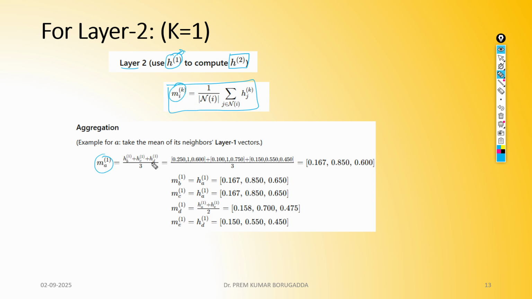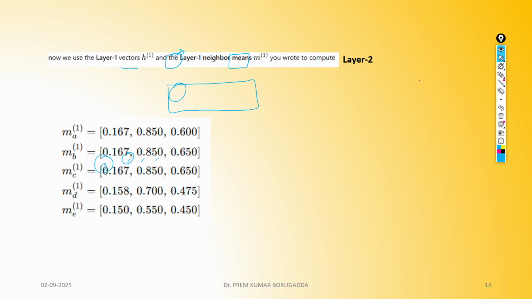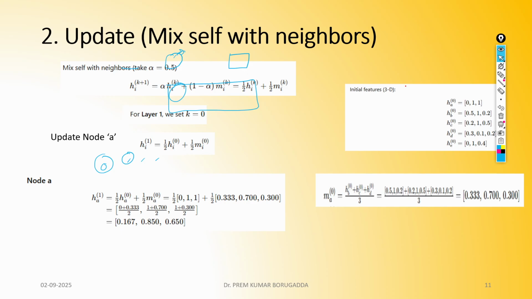This is the formula, which means that for A there are 3 neighbors B, C, D, so divide by 3. So this is the HB1 value. What are the HB of 1 values? You can see here in the previous slide, this one.